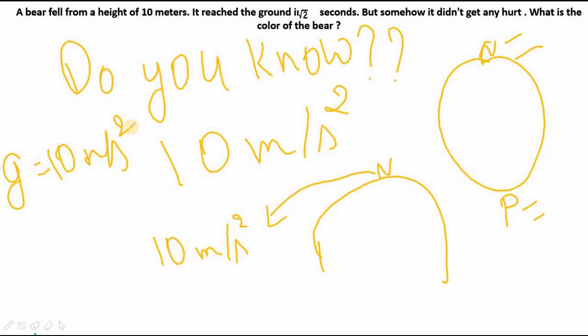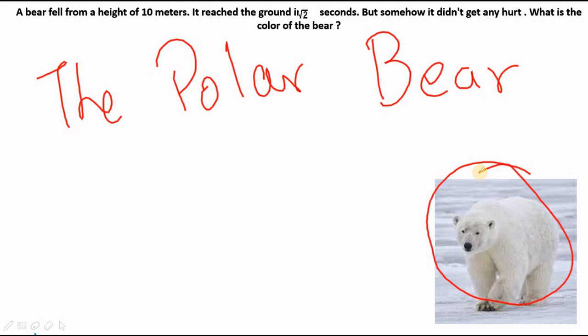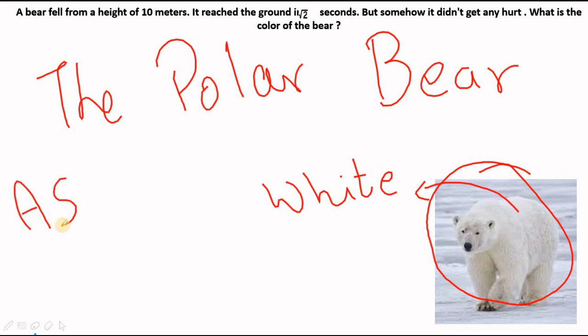Yes, it is nothing but the polar bear. So here you observe the picture of a polar bear. What is the color of this bear? It's white. All the polar bears, with my knowledge, are white in color. So the answer for this question is white.